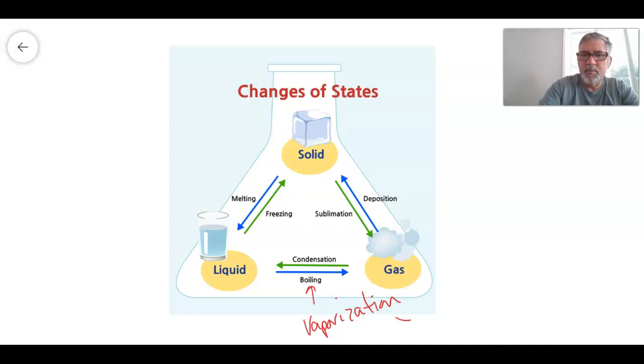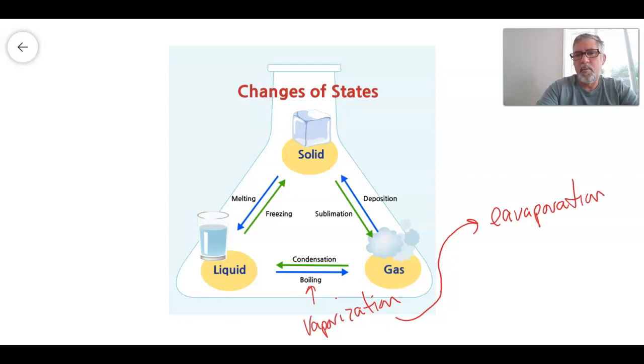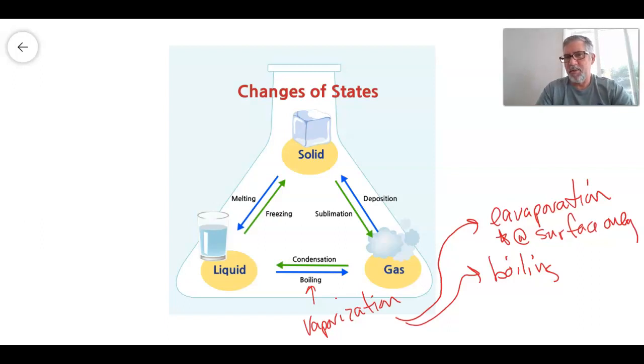Now there are two types of vaporization. There's evaporation and there's boiling. Evaporation is at the surface. So when water evaporates from my pool, it's leaving only from the surface because it gains kinetic energy from the sun, and that kinetic energy allows molecules to escape.